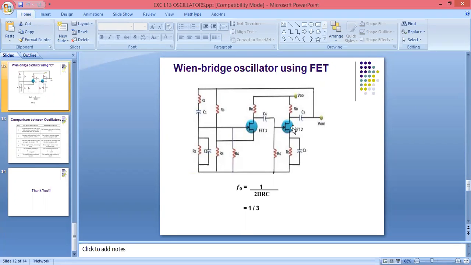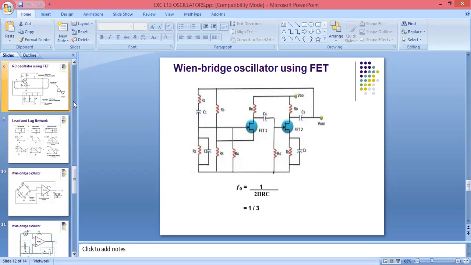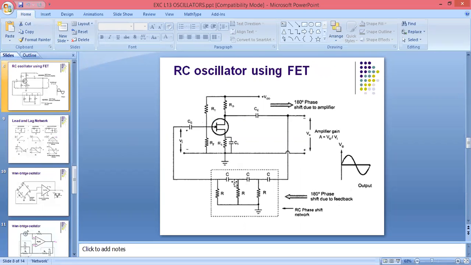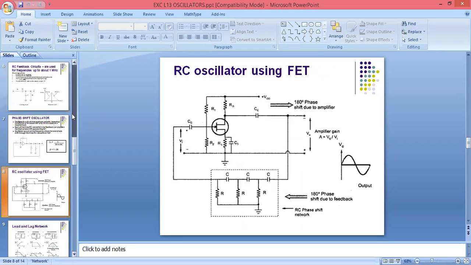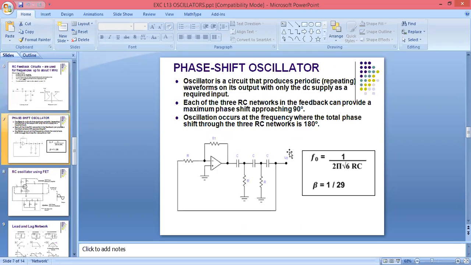Inverting means what? If we are connecting the output to the negative point, you can see the diagram. Here we can see we are using this op-amp. Here we are connecting the output to the negative terminal. So we are calling this the inverting amplifier.